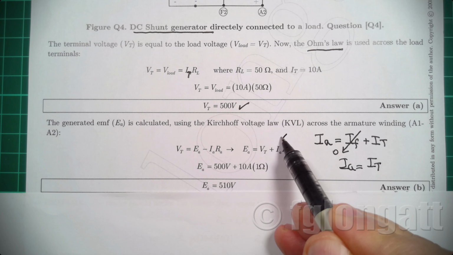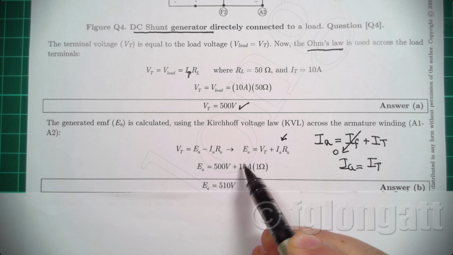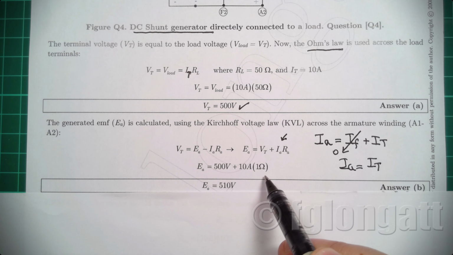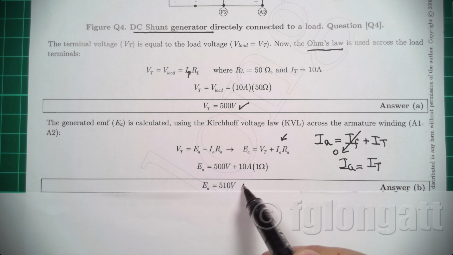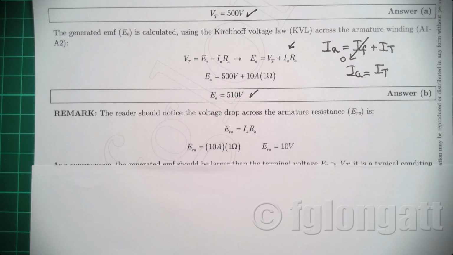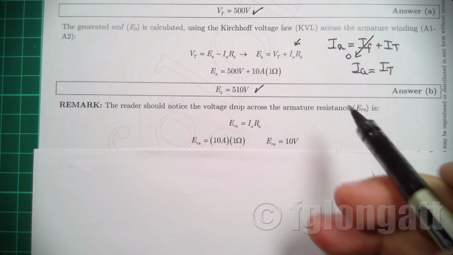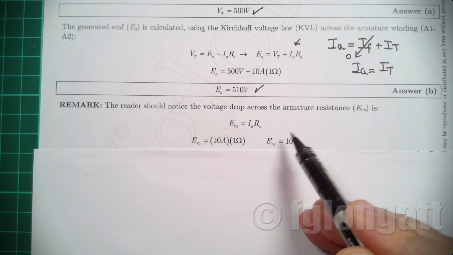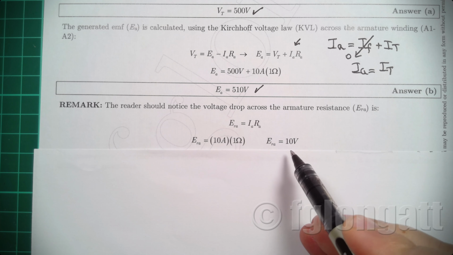So here we can use again the 10 amps, and 10 amps multiplied by 1 ohm plus 500 gives us the voltage across the armature. What is important here is that we have a voltage drop across the resistance of the copper of the armature wires of 10 volts.